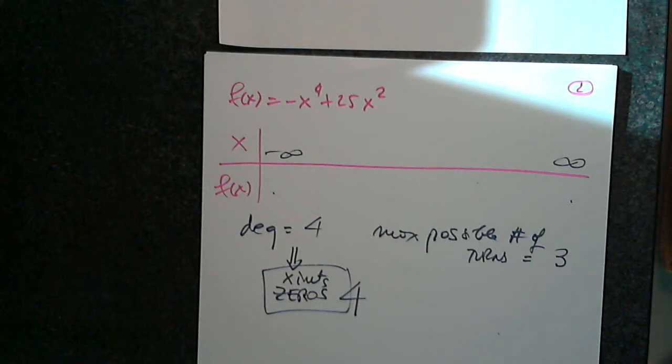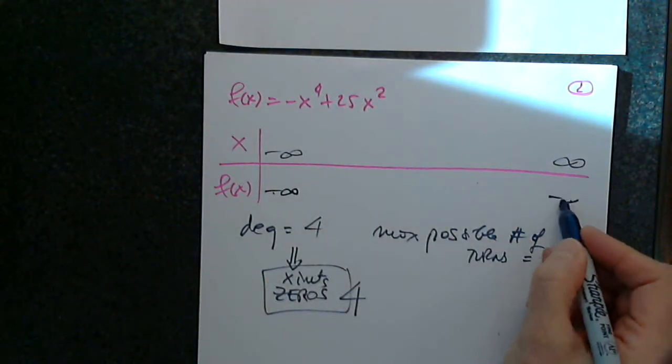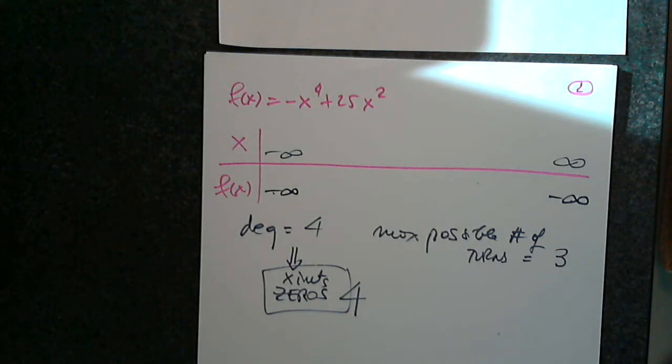Even degree, negative leading coefficient. It's going to go down. Exactly. Negative infinity, negative infinity. Is that clear to all? So remember x squared?